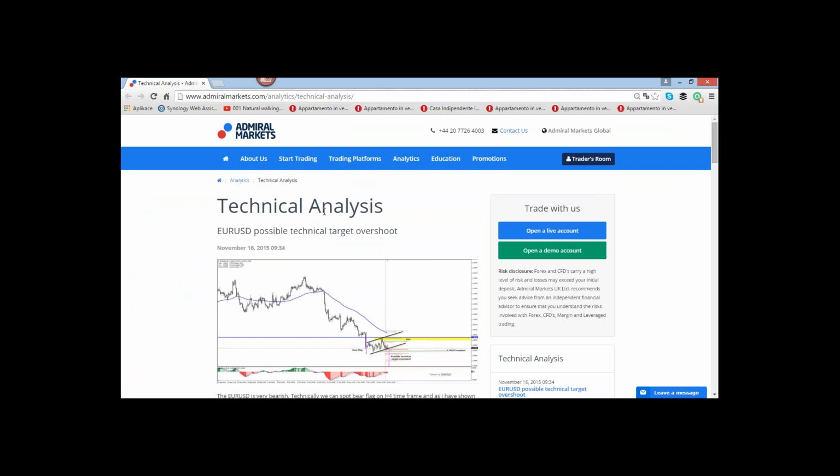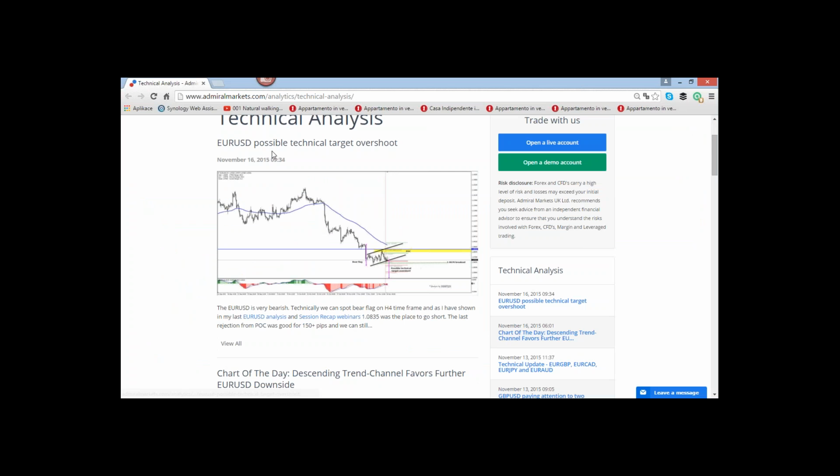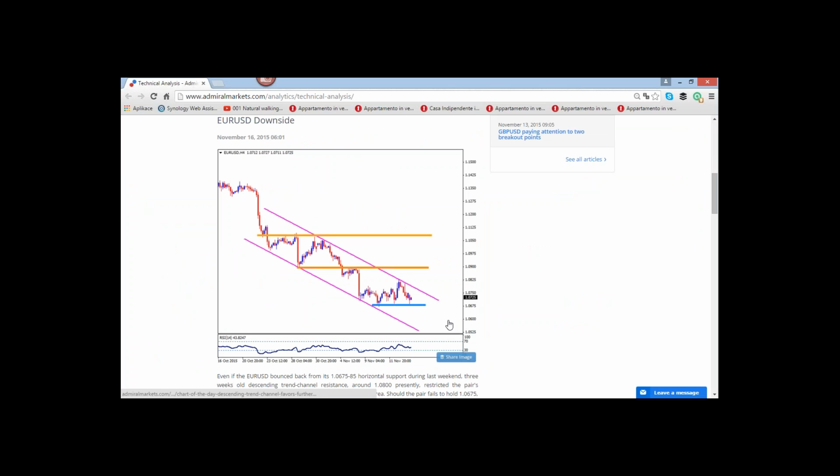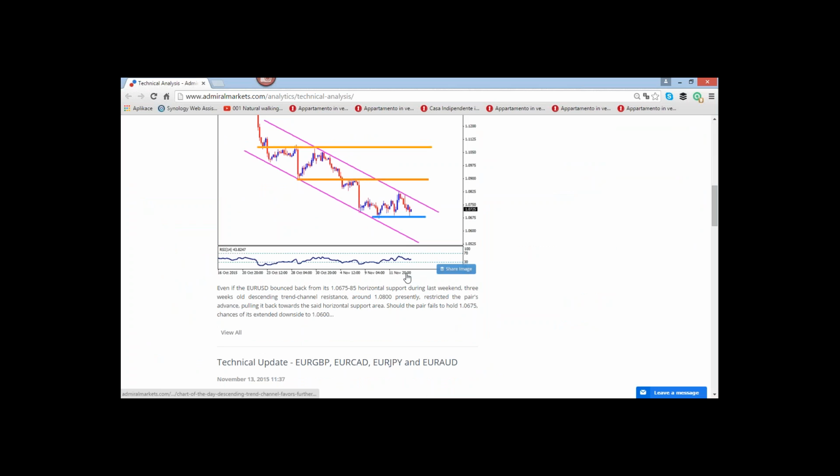So, regarding Admiral Markets, take a look. There's also technical analysis besides wave analysis. Nenad wrote something yesterday here on the euro dollar, saying that he thinks it's very bearish. Let's take a look at that. Chart of the day as well. You can see here euro dollar downside. So there seems to be an agreement on the technical side of things.